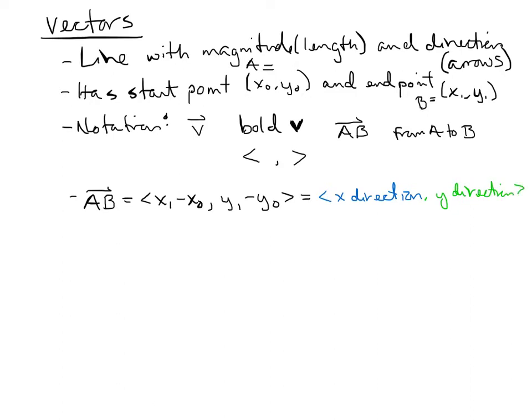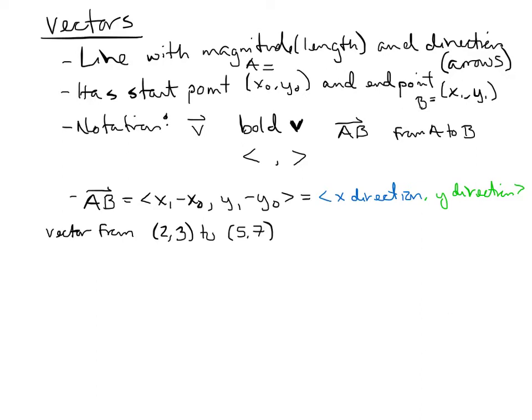Let's do an example, and I'm going to do some graphing, and this might make a little bit more sense. So if we find the vector from the point 2, 3 to the point 5, 7.